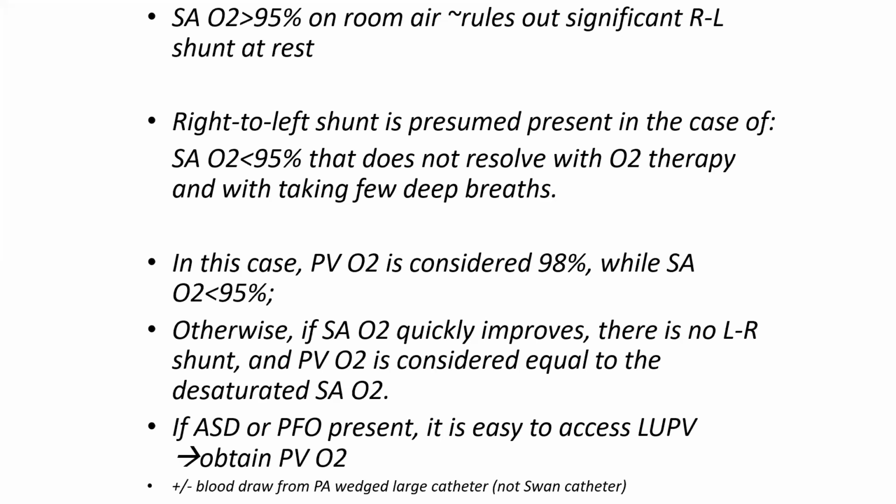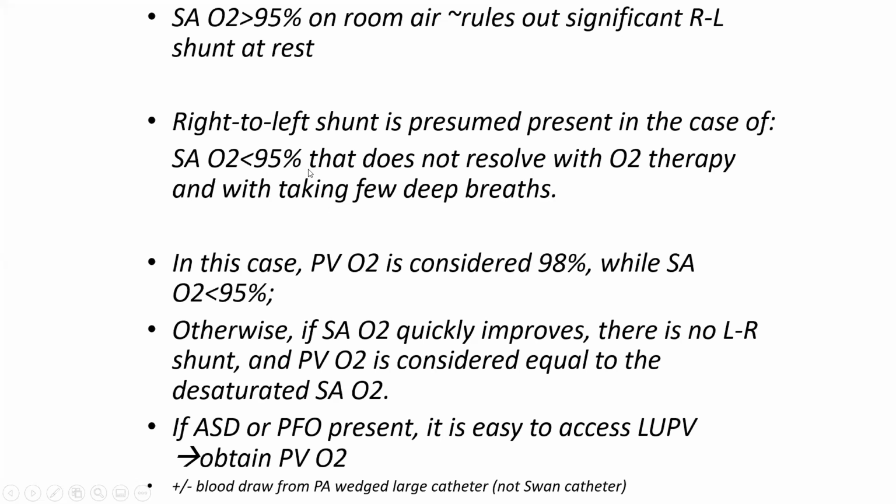Basically, if you have somebody with a left to right shunt or with a shunt suspicion who is also hypoxic, the first thing you should consider is that he's having a right to left shunt. Frequently, that's not the case. It could be just COPD, pulmonary edema, or sedation, the most common cause of hypoxia in the cath lab. So you make sure you give him oxygen, 2 liters, although you don't want to keep him on oxygen for your calculations, but at least initially to make a diagnosis, you give him oxygen, you ask him to take deep breath.